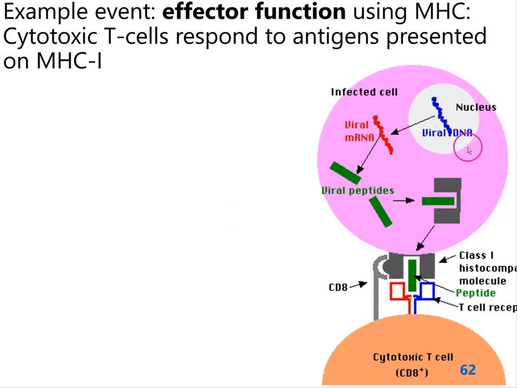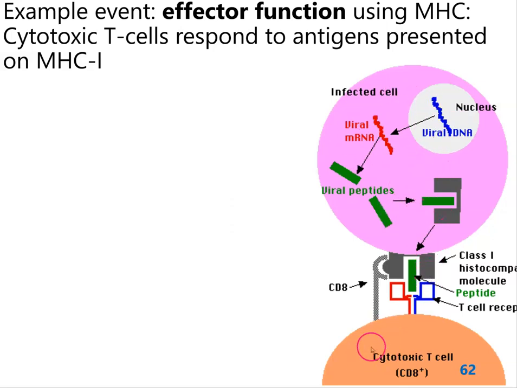The virus doesn't want this to happen, but this is what all of our cells do all the time. They just grab random proteins from the cytoplasm, put them on MHC1, and display them. This cell doesn't have any way of knowing it's infected by a virus, but it does have a way of showing a cytotoxic T cell whether or not it's infected by a virus, because it shows random proteins, and viral proteins will be very abundant during an infection like this.